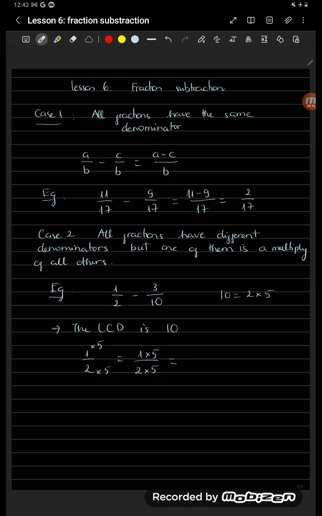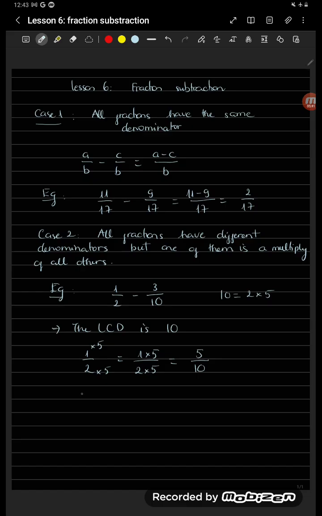So 1 times 5 is 5, 2 times 5 is 10. Now we have a new fraction with the same denominator as the second fraction, 3 over 10. So both of them have the same denominator, and now we can subtract them.